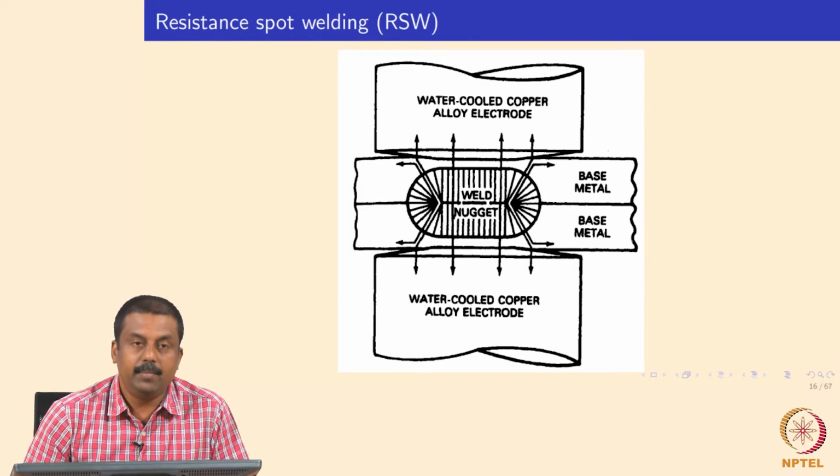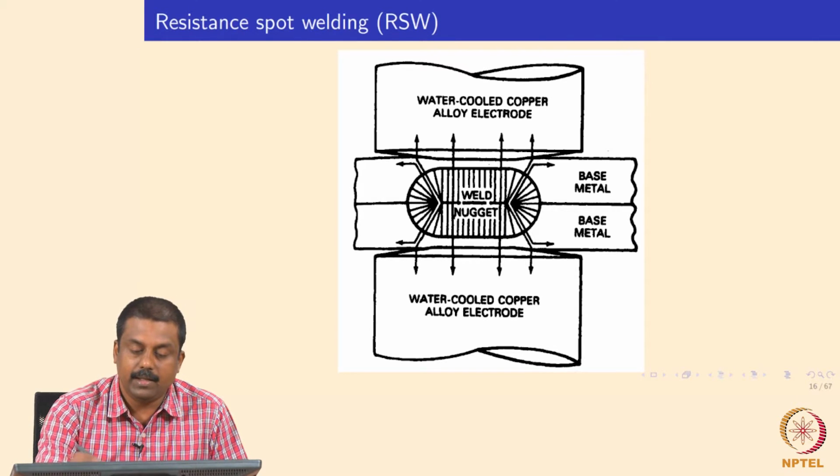As I already explained, because of the steep temperature gradients present in the weld during solidification, the weld nugget solidifies with a very columnar structure.